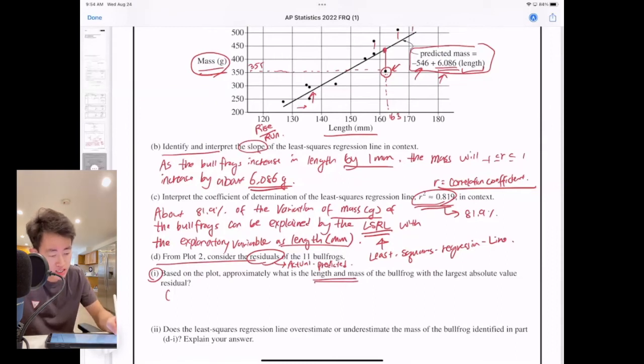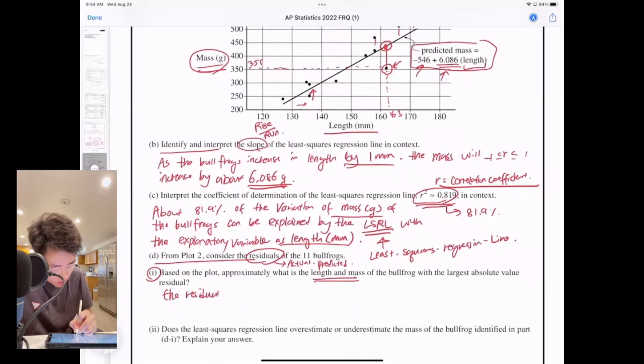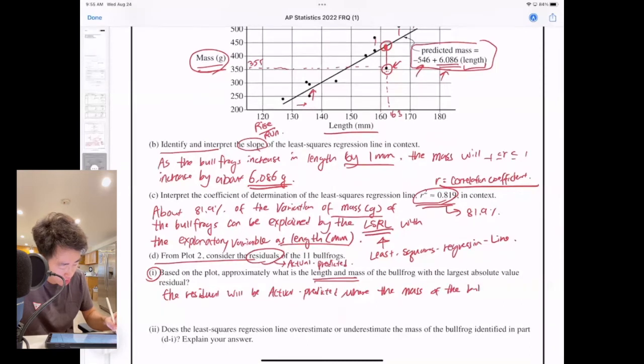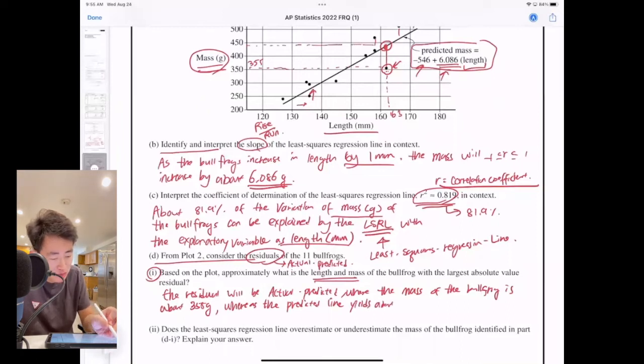So here's the predicted value that is actually on the line. We always want to subtract the y value. So the residual will be actual minus the predicted, where the mass of the bullfrog is about 355 grams, whereas the predicted line yields, I would say, give or take about 440 grams.